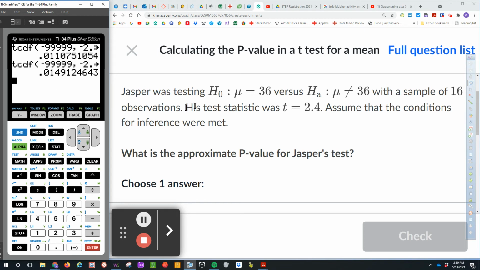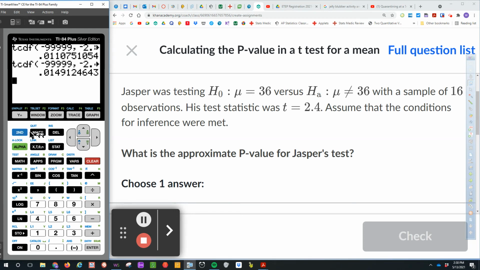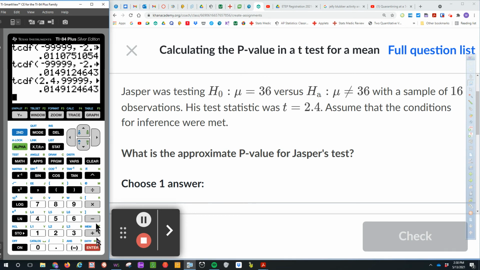But I only found one side. Now I want to show you something. If I had gone the other direction, with 2.4 as my lower bound and 99999 as my upper bound, with the same degrees of freedom, did you see that they're both the same?